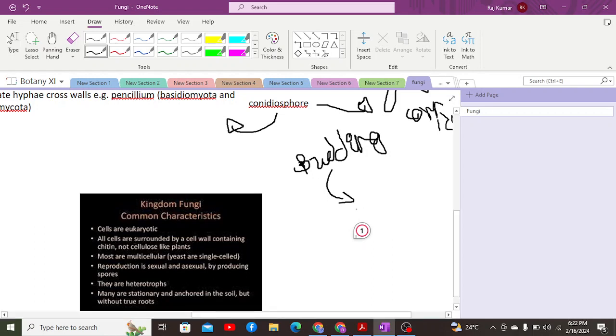Moreover, there's another process which is known as fragmentation.